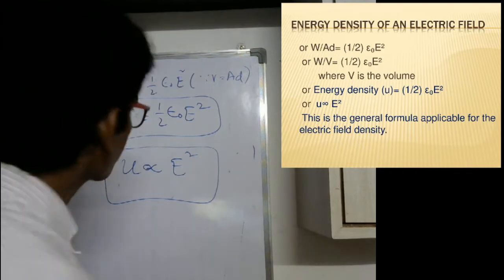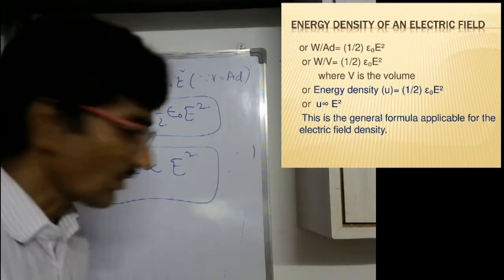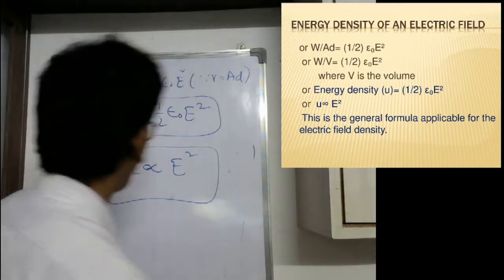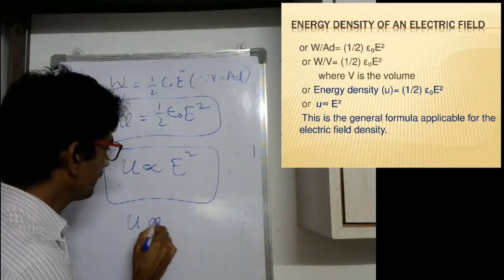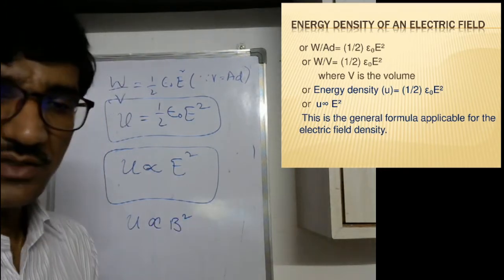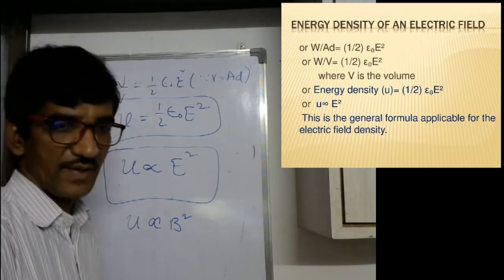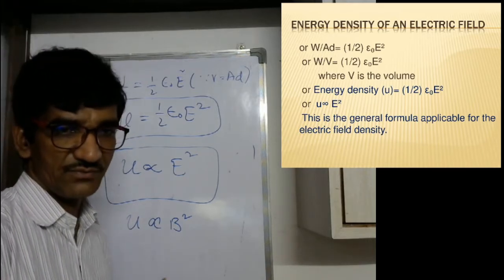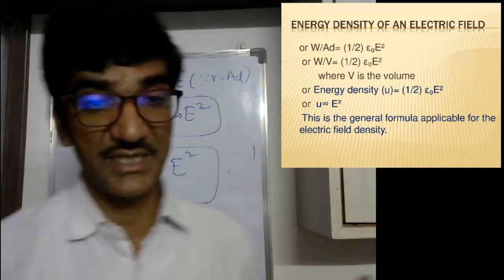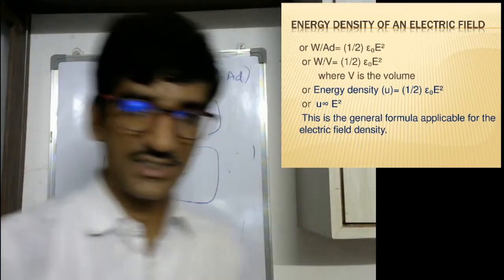In magnetostatics, your U will be proportional to B square. So we are changing from one field to another field, but the expressions are the same. There are so many similarities to note.